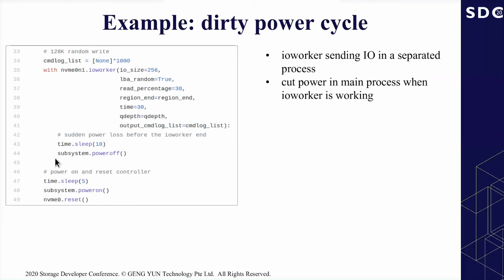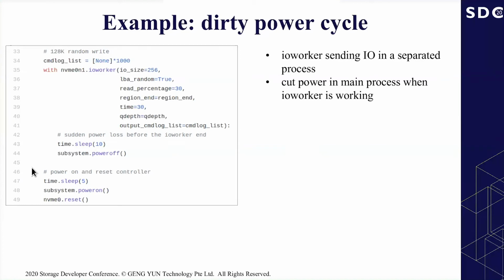We use the API subsystem power off to cut the power off from the SSD. It supports different kinds of power control modules in the market, like Quarch, a provider of SSD testing hardware. Even without any power control module hardware, we can also run dirty power cycle tests.